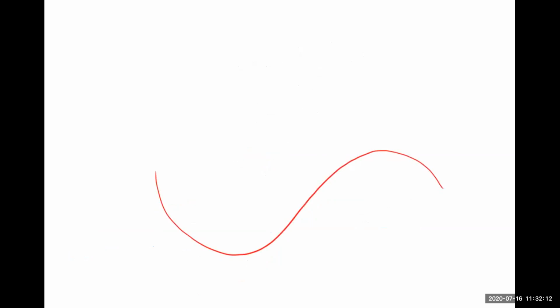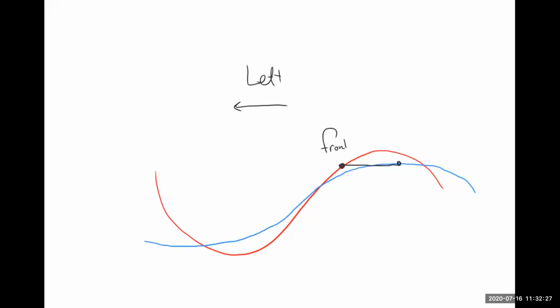Okay, now let's suppose it goes to the left, and then at each point on the blue curve, if we draw the tangent, we find the front wheel. And the idea is that if we guess the correct direction, the distance between these two should always be constant.